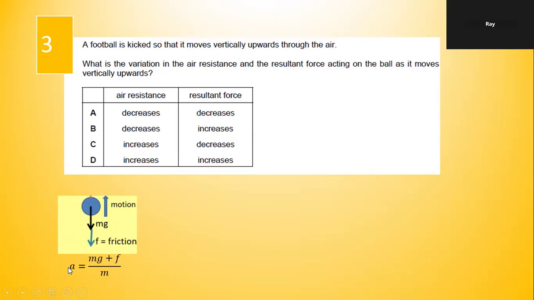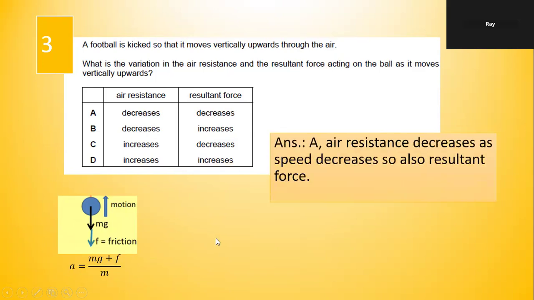So that is your acceleration or resultant force. Ma is the resultant force. Air resistance decreases as speed decreases, so that is also the resultant force. Any comment? Be a bit louder, can't hear.